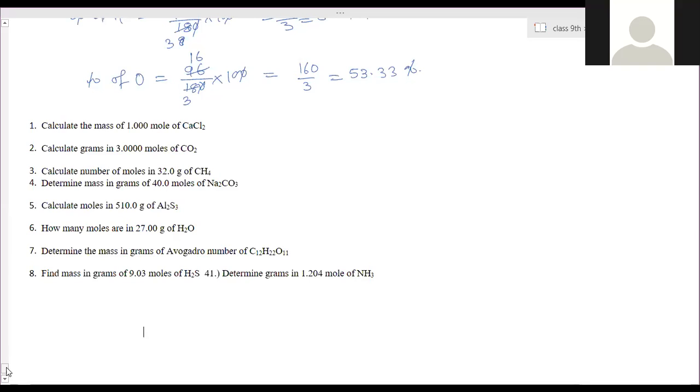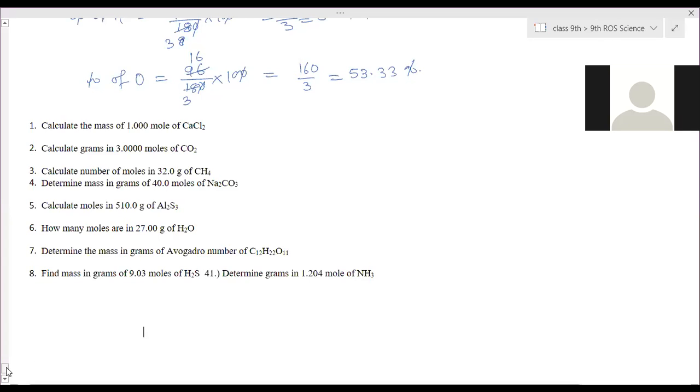Ma'am, the first question is 1.000 mole. So it's 1 mole. Yes.